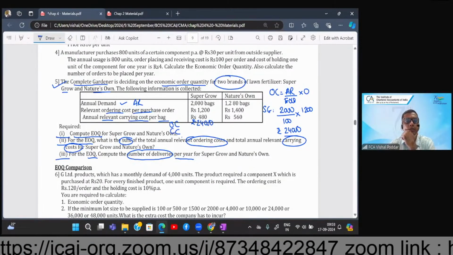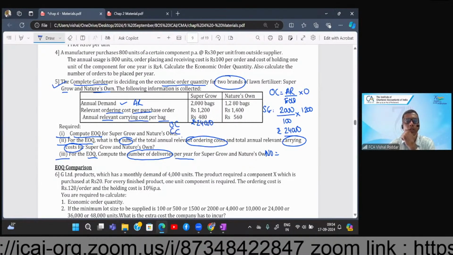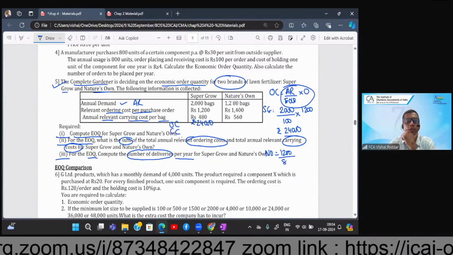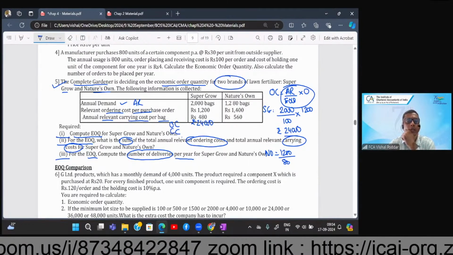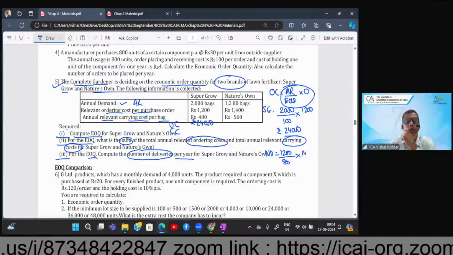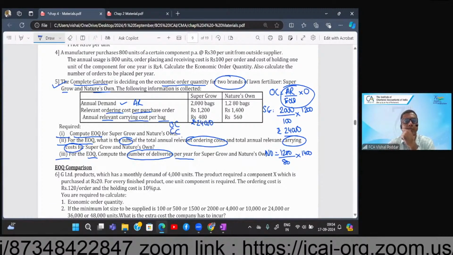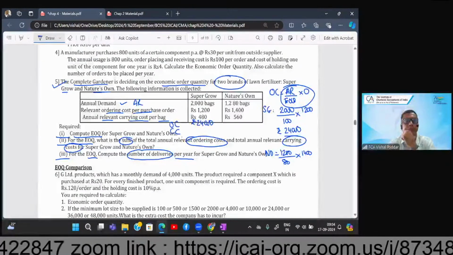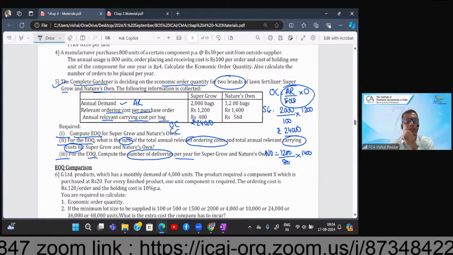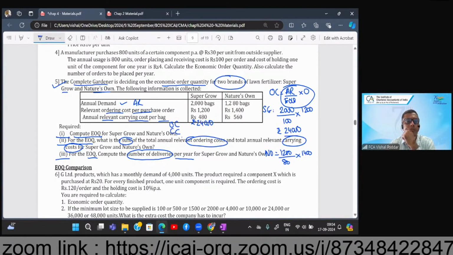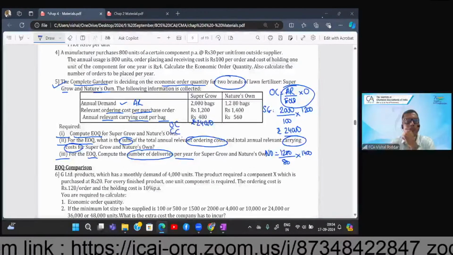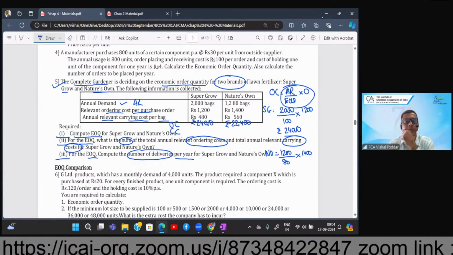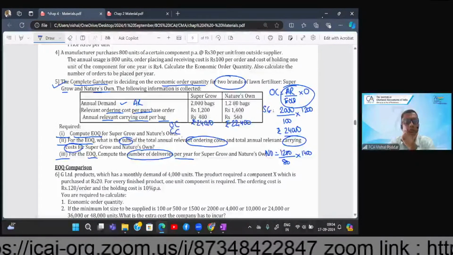Similarly, ordering cost for Nature's Own is the same formula. AR for Nature's Own is 1280 upon EOQ, which we just computed as 80 bags, into 1400. So how much are you getting? It is rupees 22,400. This is the ordering cost for both.